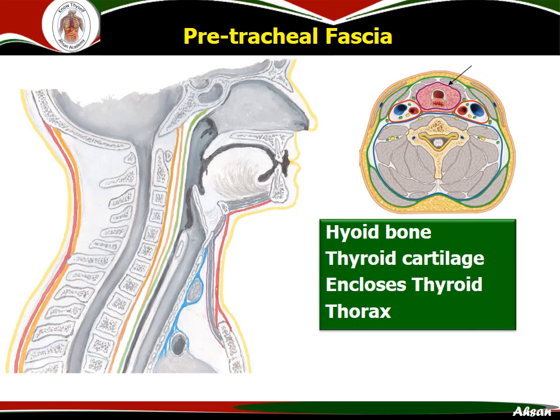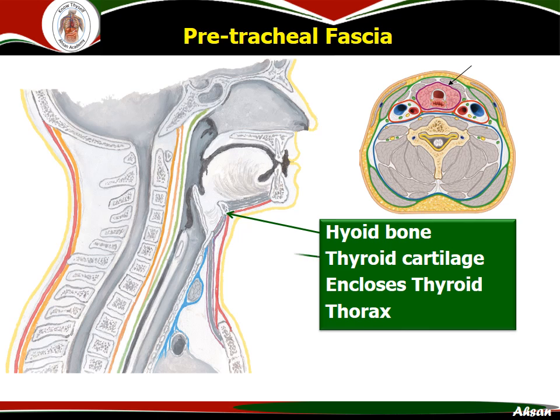Here you can see the pretracheal fascia enclosing the viscera anteriorly, and it is shown by the black arrow in the cross section of the figure. You see this on the left figure indicated by sky blue color, and it is attached to the hyoid bone.